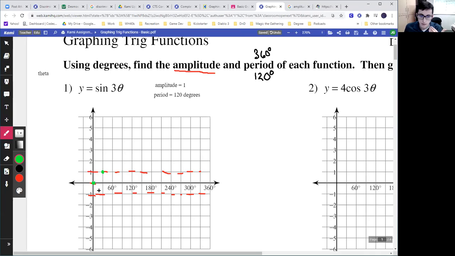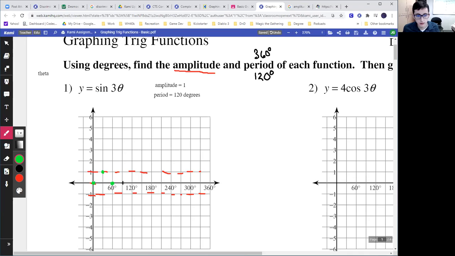Now, when we put in 60, this is going to read as sine of 180 degrees because it'll be 3 times 60. Sine of 180 degrees is 0. So we're putting in 60, giving us 0 out, and we get a point there.